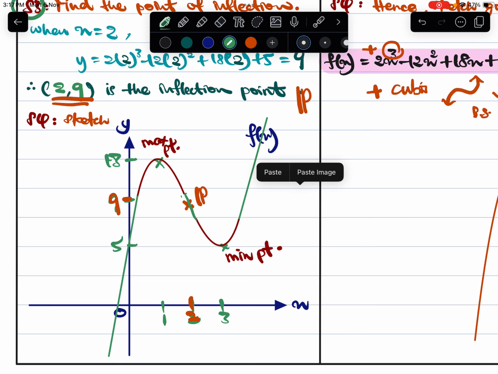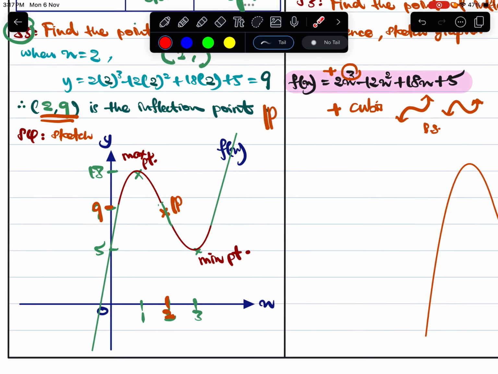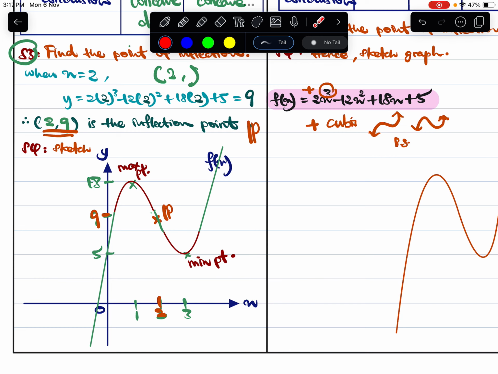And how do I know it's going across the number 5 here? Because when x is 0, the y-intercept is 5, therefore it goes through the number 5. So basically this is how you sketch your graph. It's not that hard.